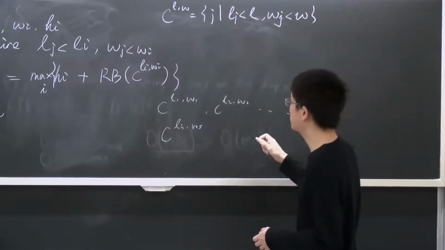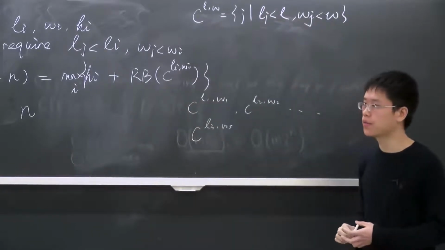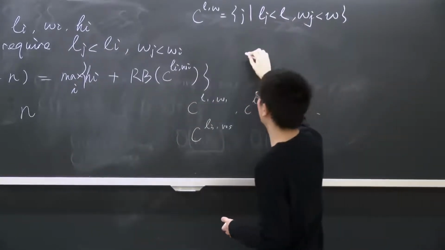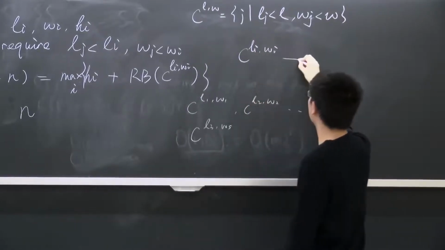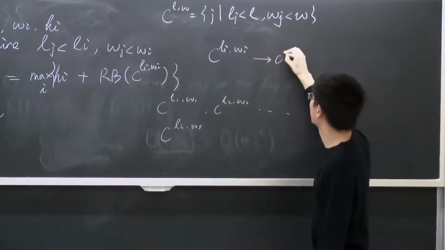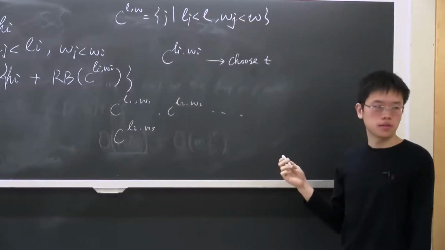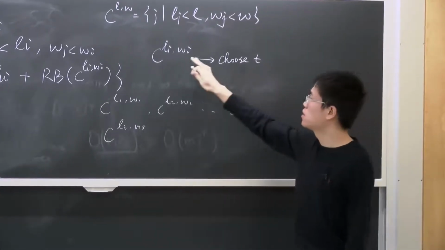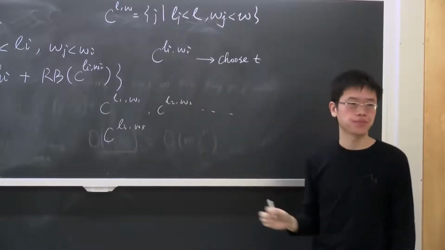Because if we have a subproblem, say the compatible set of Li and Wi, and we choose a next block, say T, it's guaranteed that T is shorter and narrower.